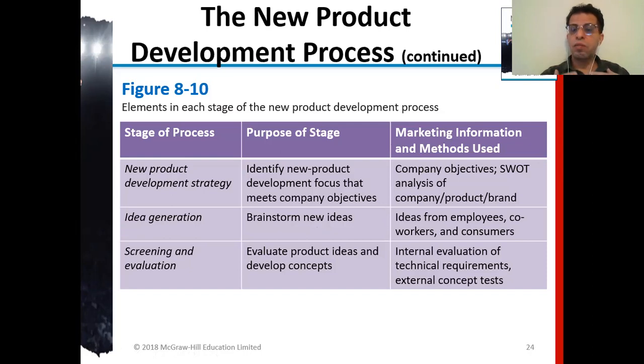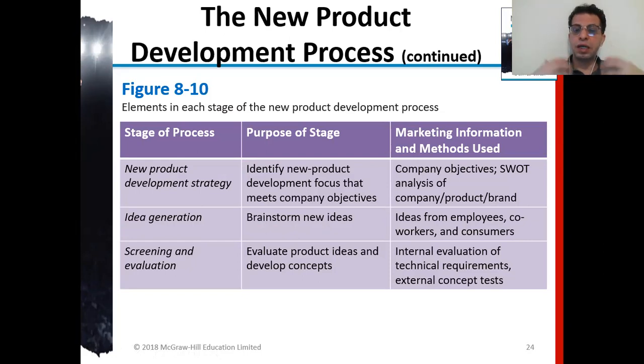And you use marketing information and methods: the company objective, and the SWOT analysis of the company, product, and brand. So I had to do a business plan. My focus was the SWOT analysis. What is our strength? What is the weakness? What are the opportunities? And what are the threats?